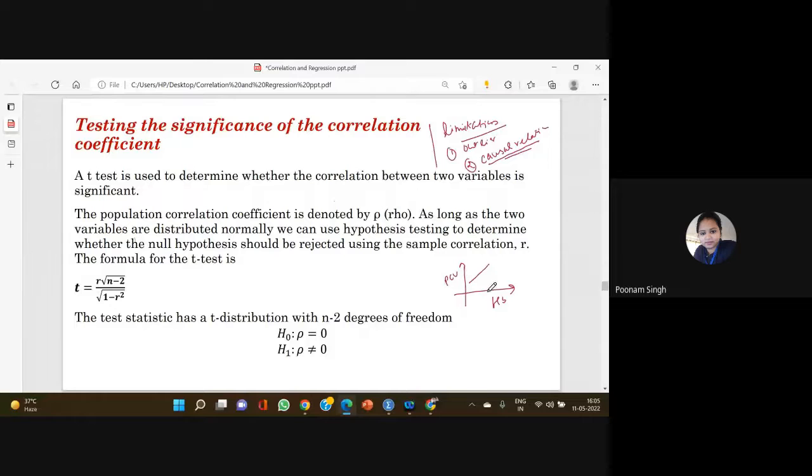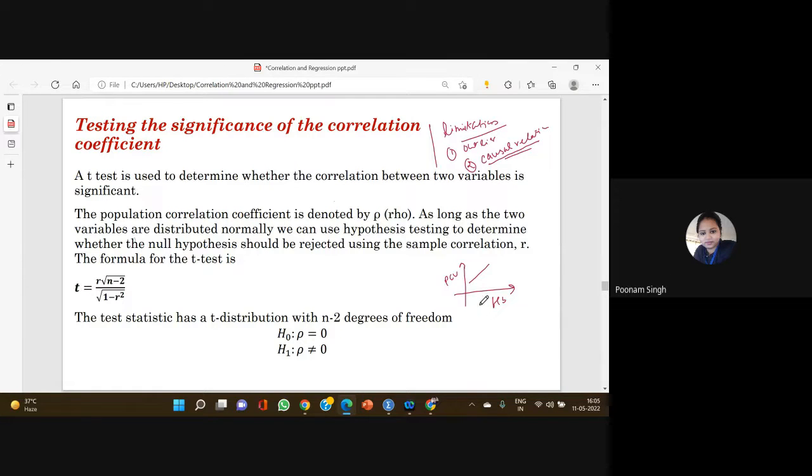Correlation does not show the causal relationship between the two variables. There may be some third variable causing this relationship. It may be possible that hemoglobin depends on that and PCV is depending on that. That is why both the variables are increasing. This may be the possibility.